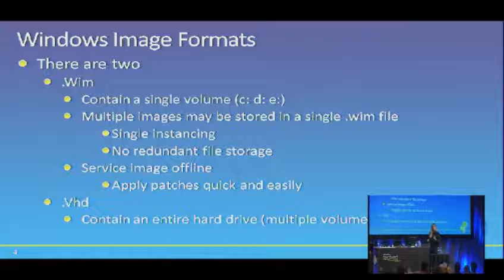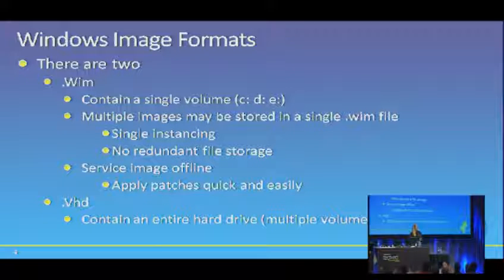Another nice thing you can do with WIM images is you can put the same operating system. Let's say you create a 2008 R2 server and you throw applications on it for your HP utilities. You create a WIM file. Now you've got a WIM image out there. You create another 2008 R2 server, and this time you put your Dell utilities in it.